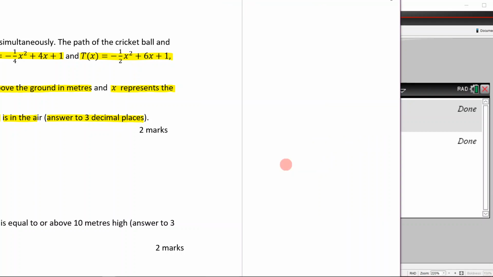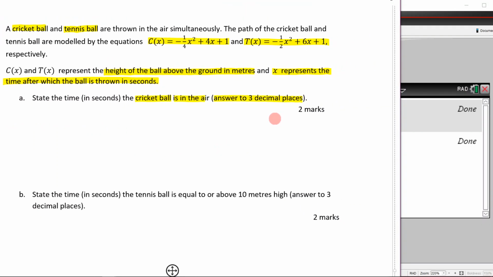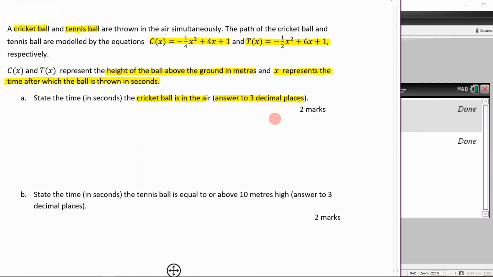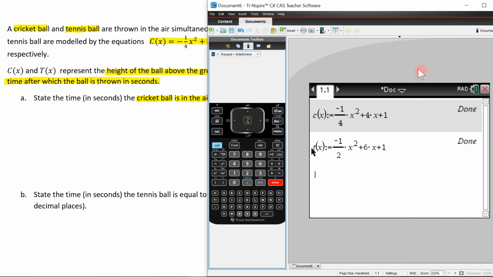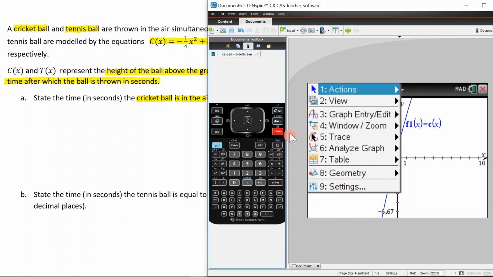So now that we've defined it, let's look at part A and ask ourselves what it's asking of us. It says state the time in seconds the cricket ball is in the air. It might help us here to graphically represent what we're doing. So control doc, let's add a graph. We're dealing with the cricket ball, so let's graph that. As you can see, the C is in bold because we've defined it. Now we might just have to make sure that we can see what we're dealing with here.